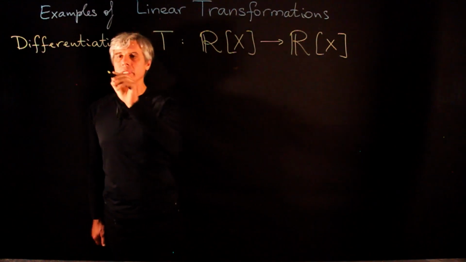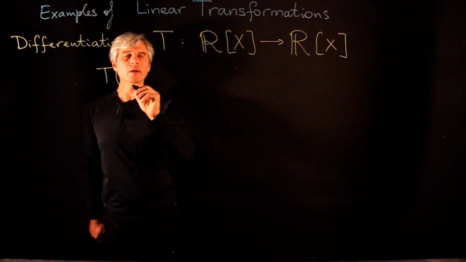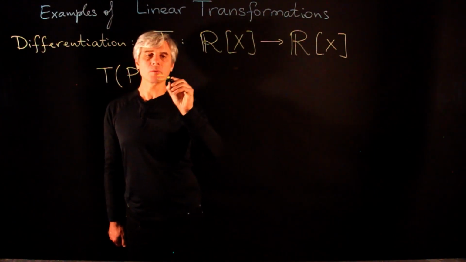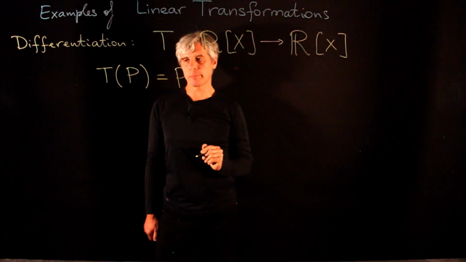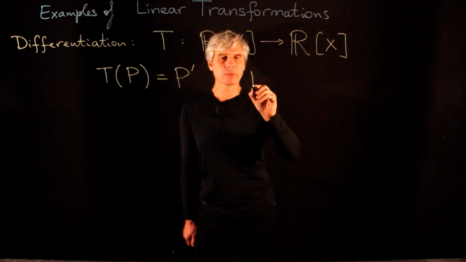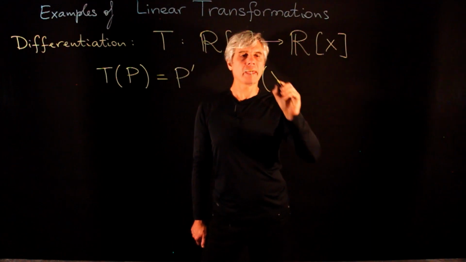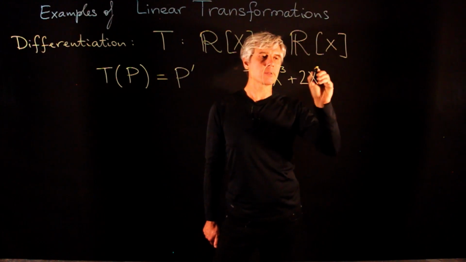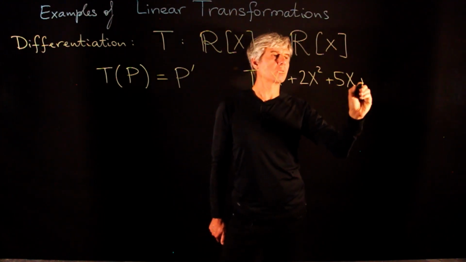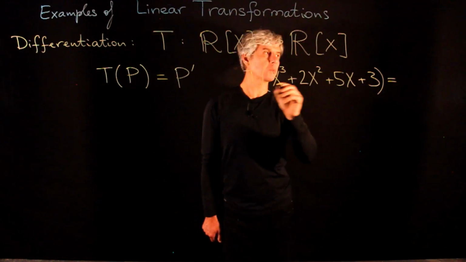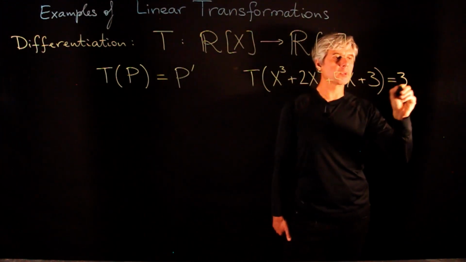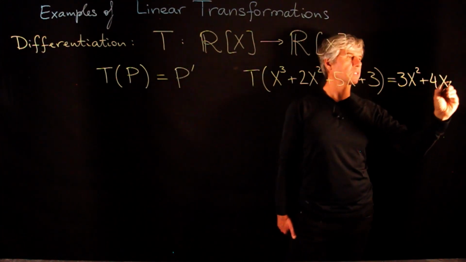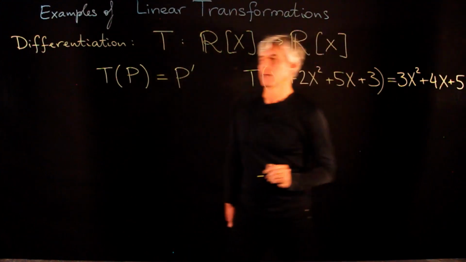The rule for this transformation is that T of a polynomial p is going to be the derivative of this polynomial, p prime. So for example, T of x cubed plus 2x squared plus 5x plus 3 is equal to the derivative of this, so it's going to be 3x squared plus 4x plus 5.